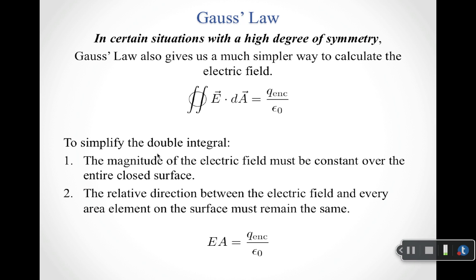Now, it can also be very useful when we have high degrees of symmetry to calculate the magnitude of the electric field. So this is one of the ways that we're going to get around that ugly integral for calculating the electric field.